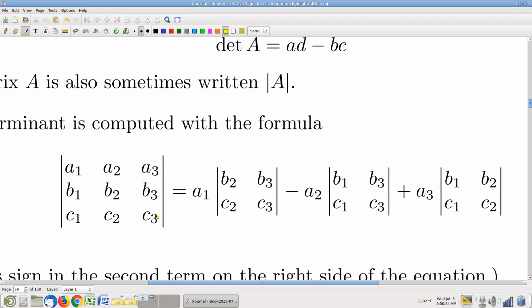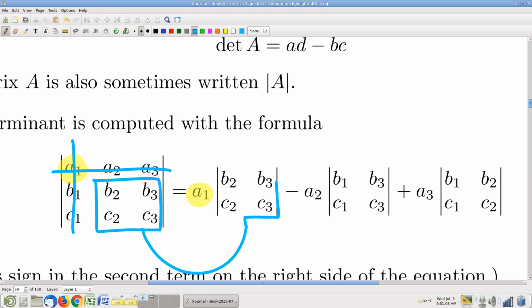It's a strange rule. We're going to go across the top row. For each term in the top row, we write down that term, cross out the corresponding row and column, look at the resulting submatrix, and take the determinant of that resulting submatrix. We do that all the way across the top row.